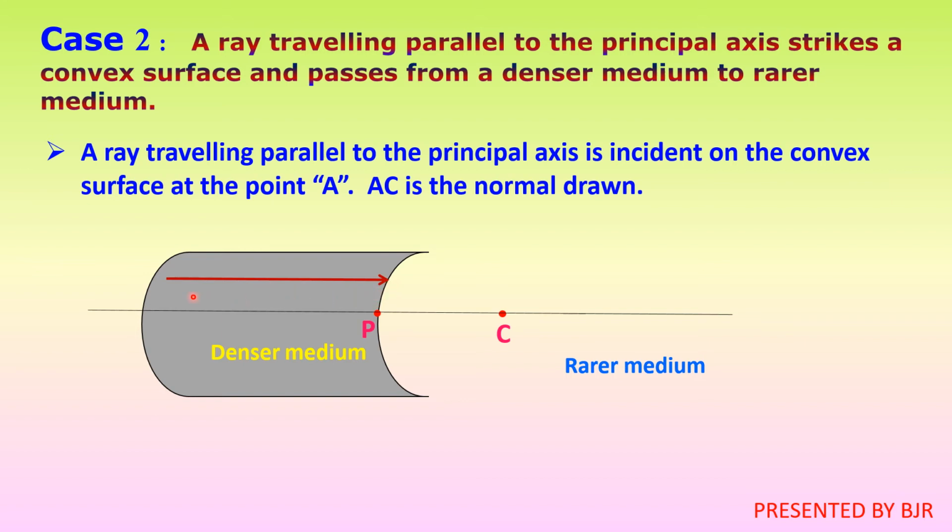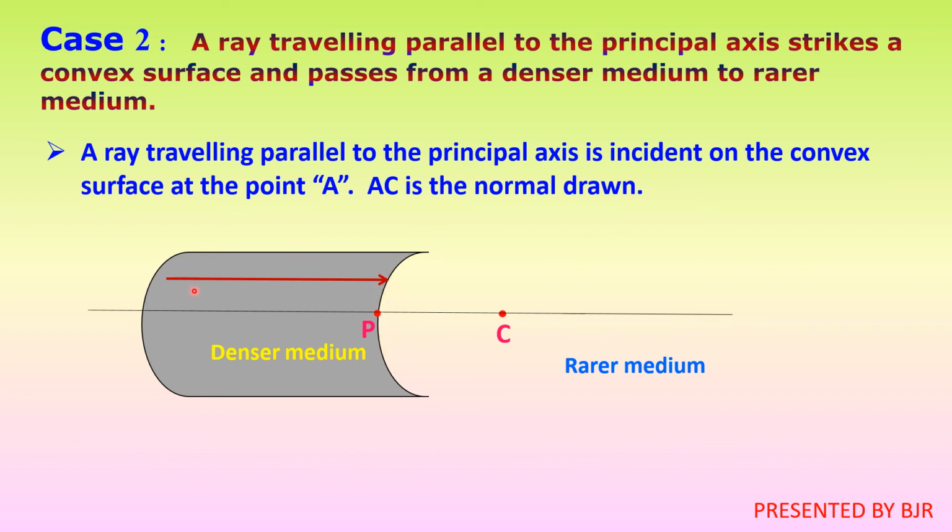Observe very carefully with respect to the incident ray. This curved surface is convex surface. It is curved outward this side. So with respect to the incident ray, the curved surface is convex surface.